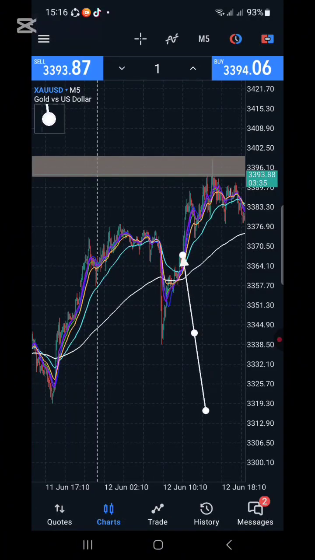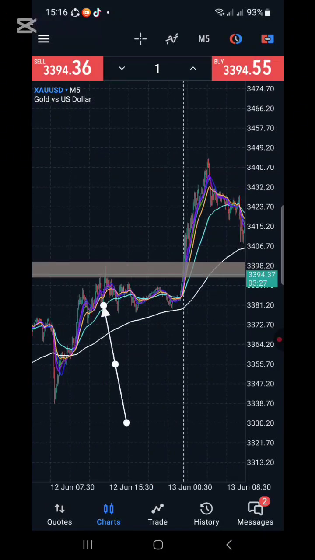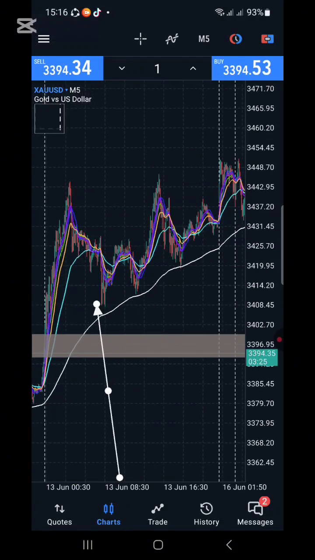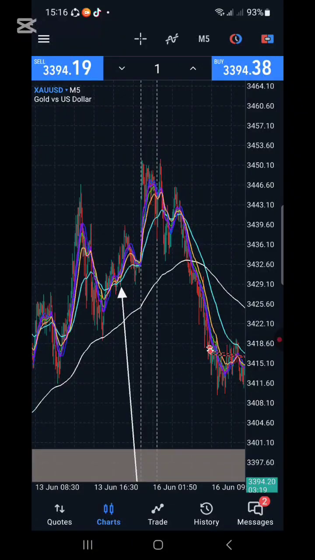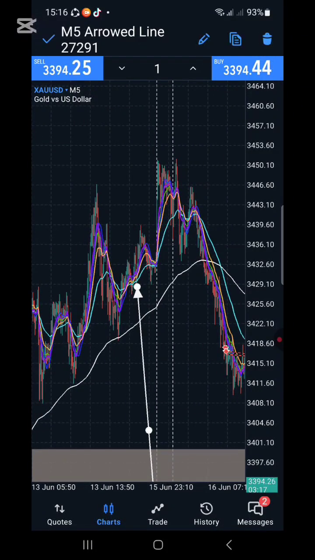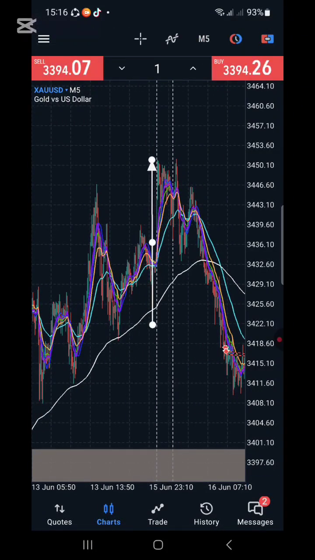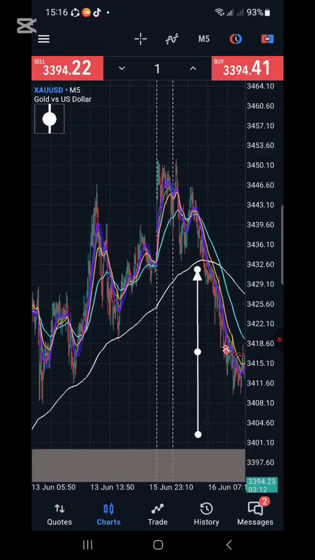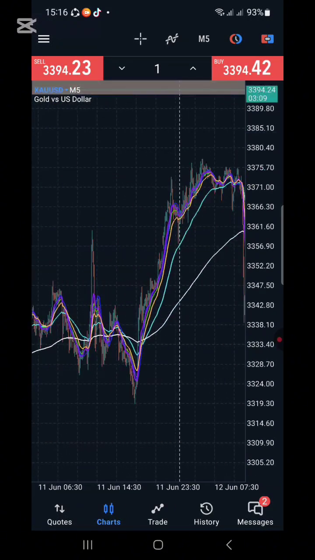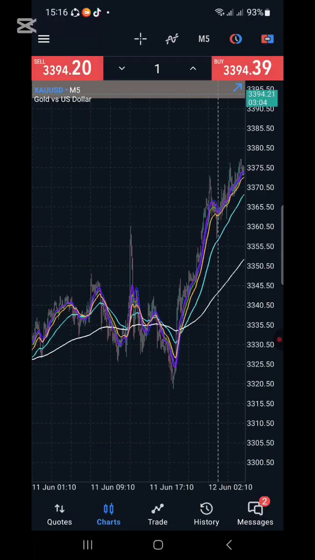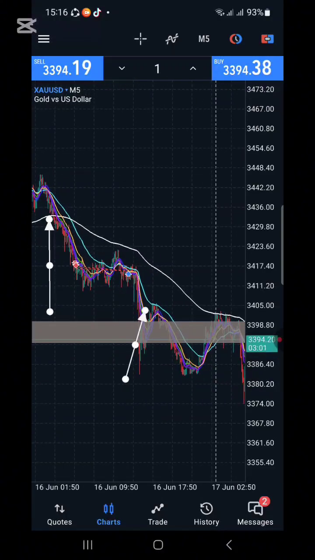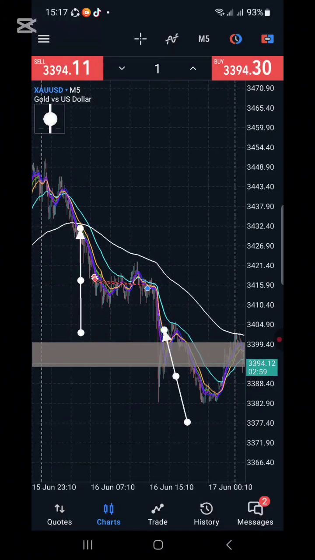Stay blessed. And you can see that as long as there's this crossing here, we will be in a severe uptrend, until we see that crossing again. You can see this is gold, and we have that crossing again here, signifying that the whole uptrend from this point to this point has now ended.